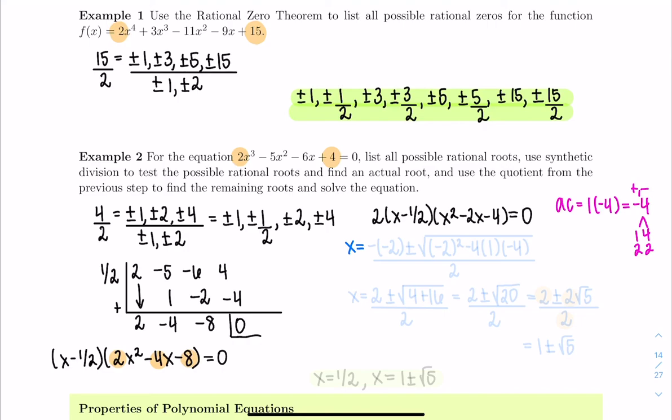So x equals -b, or -2, plus or minus the square root of -2 squared minus 4 times 1 times -4. And then all over 2 times a, or just 2.